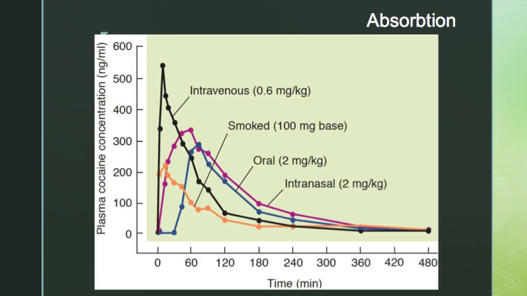And all of these ways, depending on how the drug is introduced into the body, could take different times and have different potencies. This chart here shows some of those different lag times and plasma concentrations. This one specifically is for cocaine concentration.